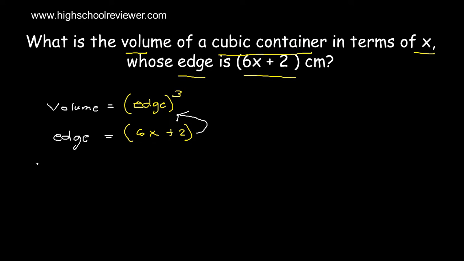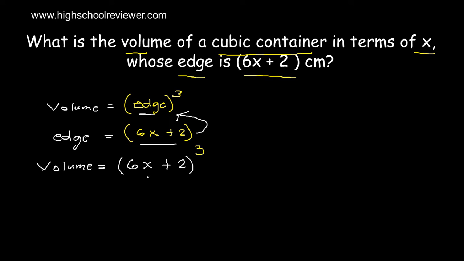Our equation now will be volume equals, instead of edge, this will now be the quantity of 6x plus 2. We will write here the quantity of 6x plus 2, and this will be raised to the power of 3.